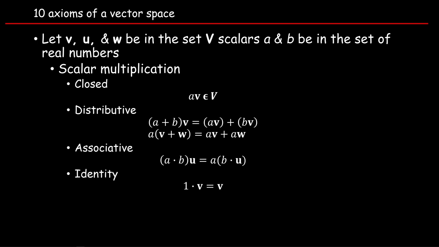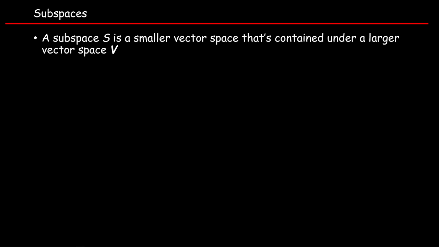And now we're going to talk about subspaces. Subspaces are another set, but it is in the vector space. A subspace is just a smaller vector space that's contained under a much larger vector space.